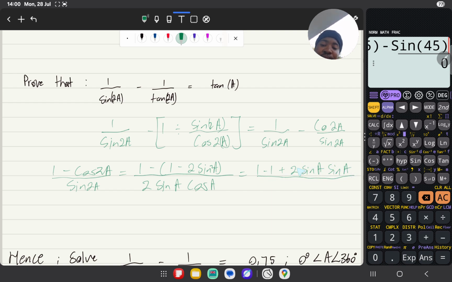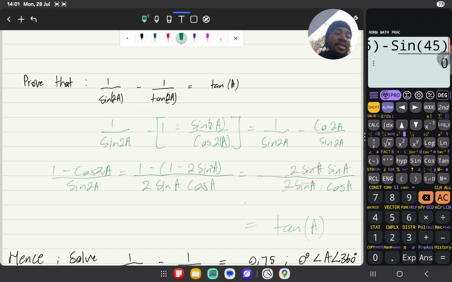I want to write it this way for a very particular reason. Sine a cos a, and I have 0 here. Let me just remove them. That is 0. And then this is going to divide this, and I am left with this, which gives me tan a.